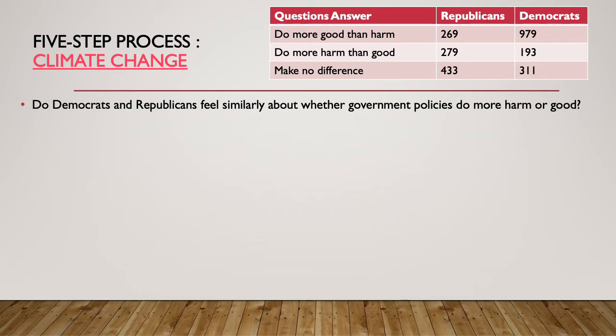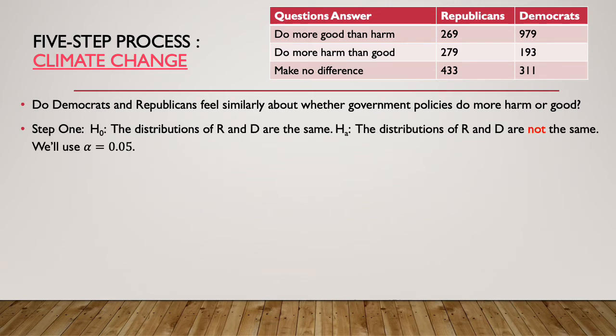Let's see what we get from the test. Our null hypothesis is the distributions of Republicans and Democrats are the same that you see in those columns. The alternative hypothesis is that the distributions are not the same. Let's go ahead and use a level of significance of 0.05.